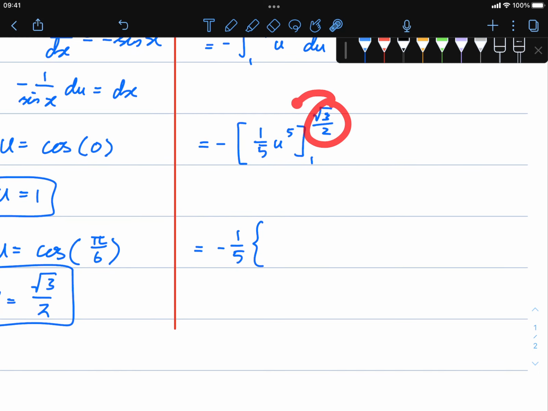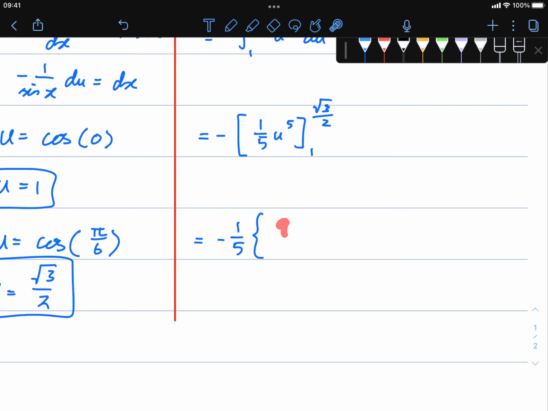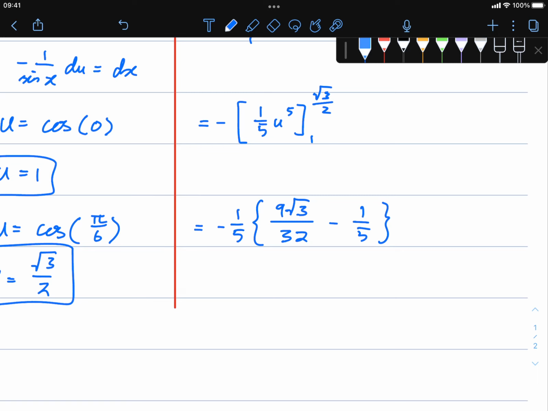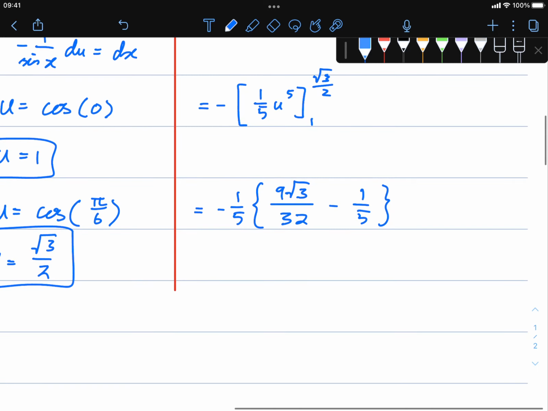Now substituting root 3 on 2 into here, root 3 on 2 to the power of 5, we get 9 root 3 on 32 minus, substituting 1, we get 1/5. So minusing 1/5 from this answer, times negative 1.